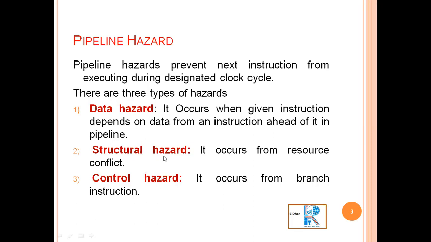The previous one was the structural hazard because, due to the conflict of resources, as there is a lack of resource, the hazard occurs. But here the hazard occurs not due to the resources but due to the branch instruction, because when a branch instruction occurs, the processor does not know what will be the next address of the instruction to be executed, whether it will be I10 or I12 or I50.